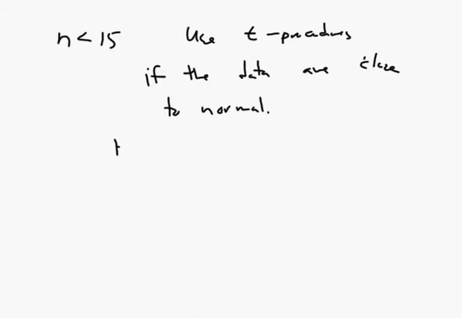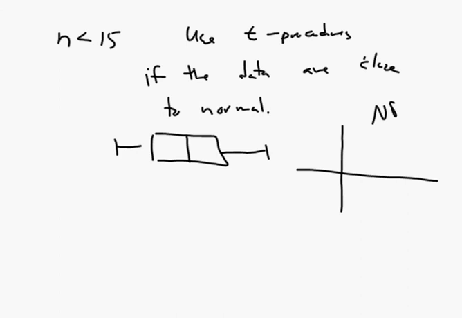Okay, so how do you check that? You use box and whisker plots, and you hope that they're nice and symmetric. And then you also need to check the normal probability plot, the NPP, and make sure that that thing is pretty linear. All right, that's what you want.